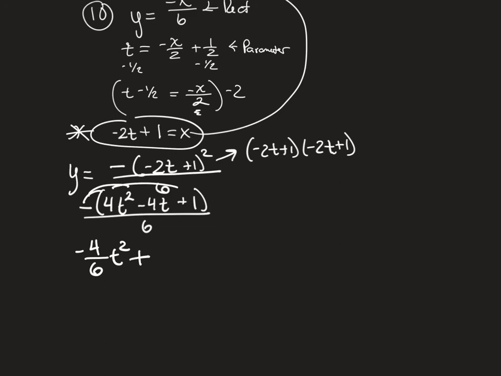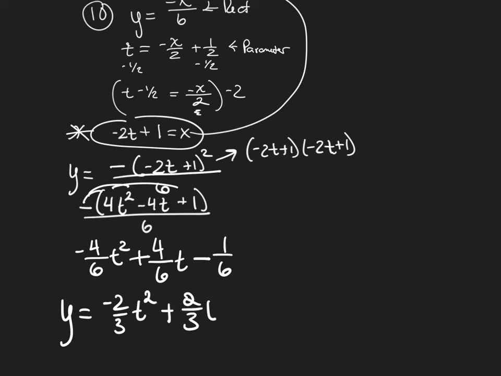The next one becomes a positive 4 over 6t, and the last one would become a minus 1 over 6. So I'm going to write my cleaned up equation. It's going to be y equals 4 over 6 reduces to negative 2 over 3 t squared plus 2 over 3 t minus a 6th.